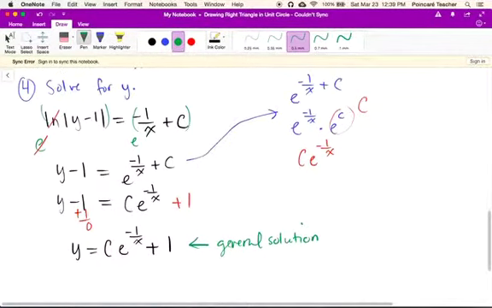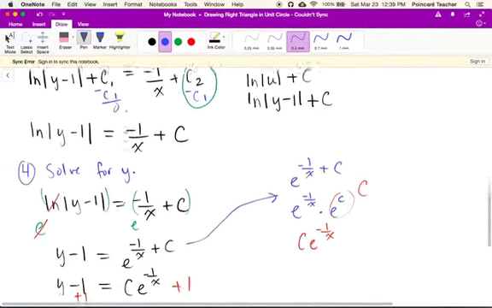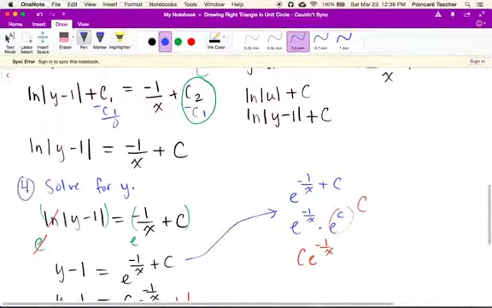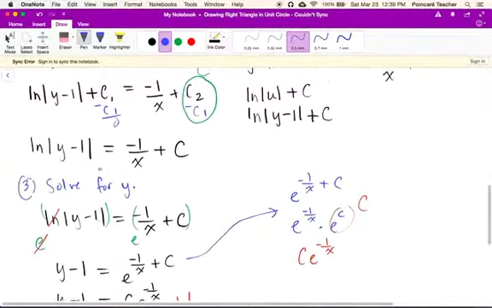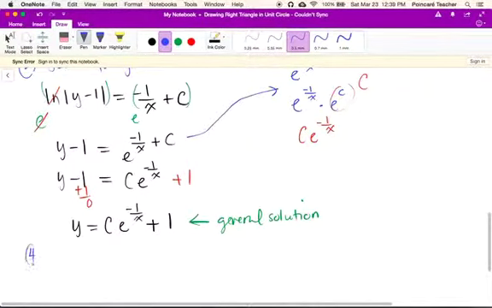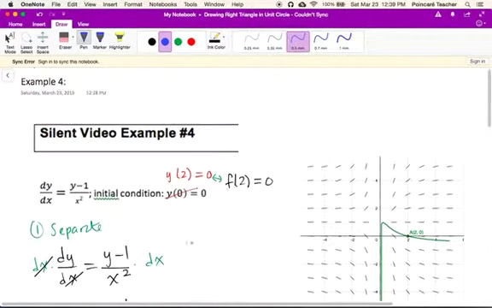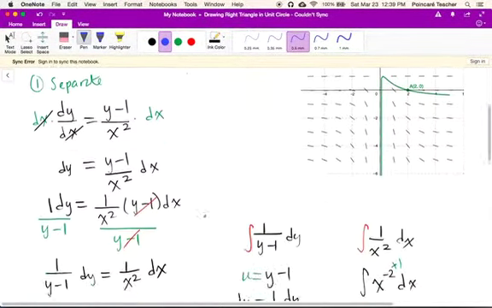Okay, now we can solve for c. Oops, this should have been a 3. So we're going to solve for c, and then we'll present our solution. Our initial condition was (2, 0).